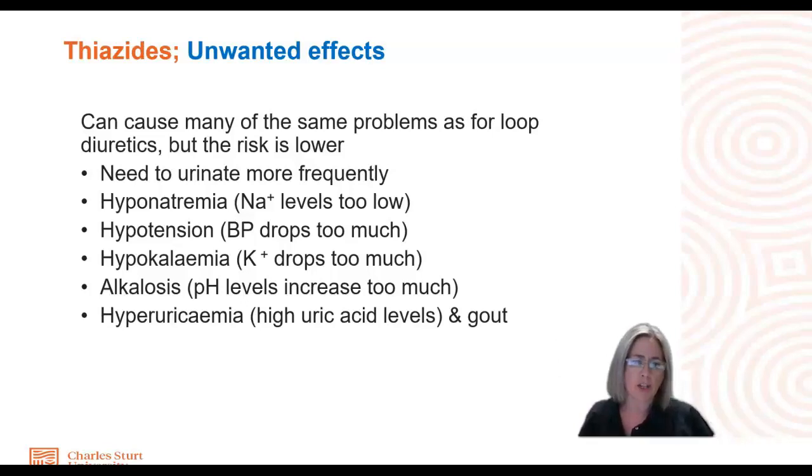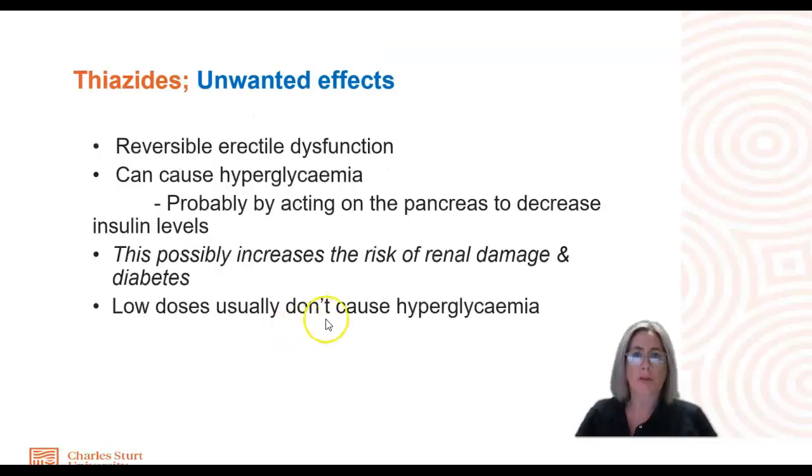Alkalosis, as I mentioned previously, where the pH levels increase too much in the blood. And hyperuricemia, those abnormally high blood uric acid levels, which can cause those uric acid crystals to deposit in joints.